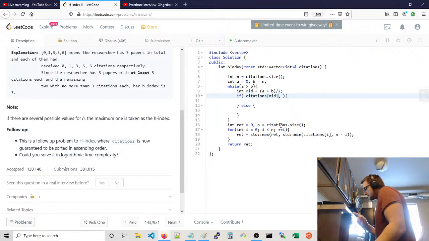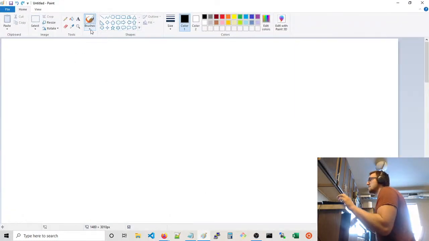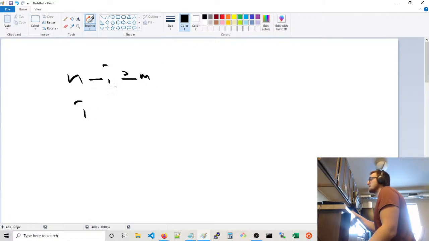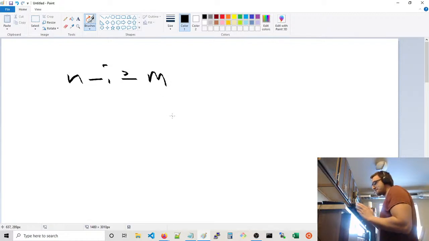We actually want n minus I for some I to be greater than or equal to mid. So it's n minus I greater than or equal to the mid. We'll call it m, which means that I... and actually that means that is it greater than or equal to m, which really we want the smallest possible I, or the largest possible I, right?